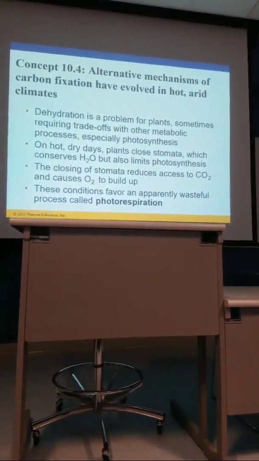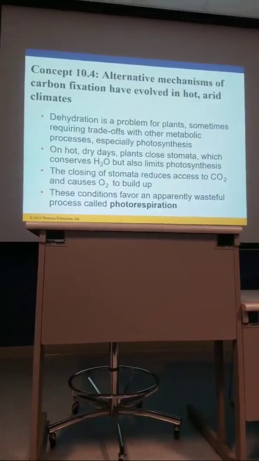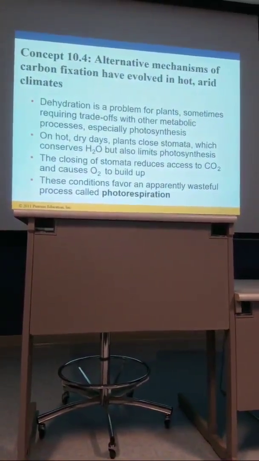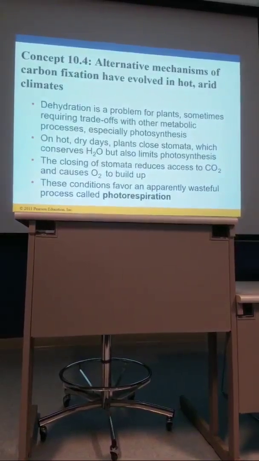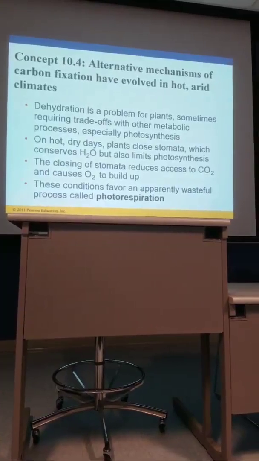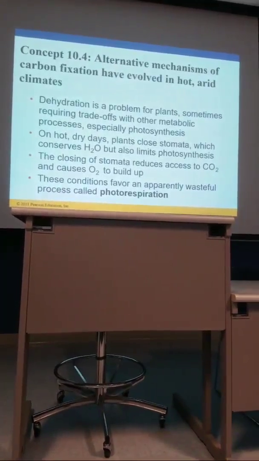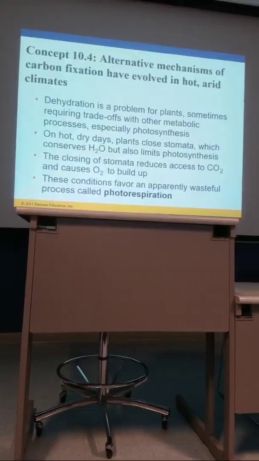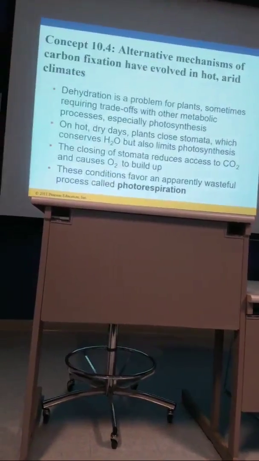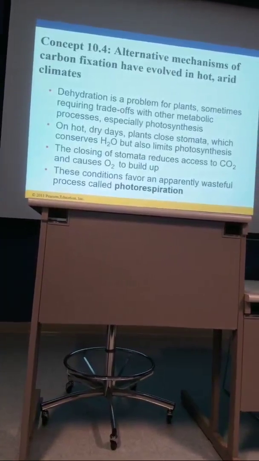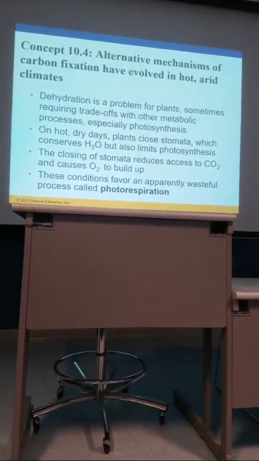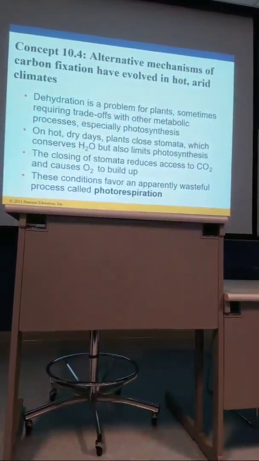One of the things I do want you to know is photorespiration, down at the bottom. If we read through this, it says on hot, dry days, plants close their stomata. That conserves water, but because it's closed, it also limits photosynthesis because there's no carbon dioxide coming in. The closing of the stomata reduces the carbon dioxide and causes oxygen to build up.